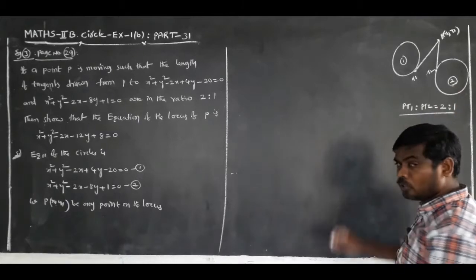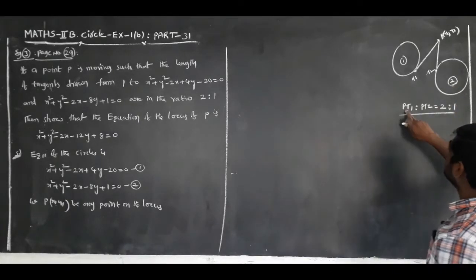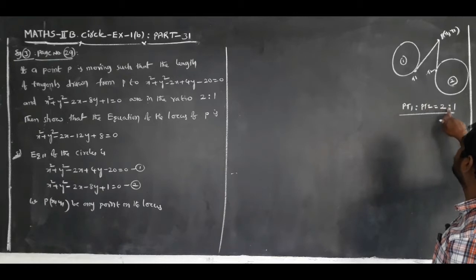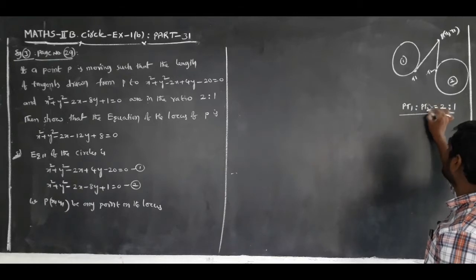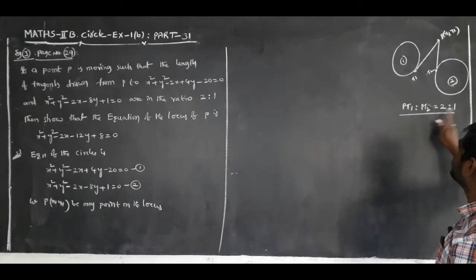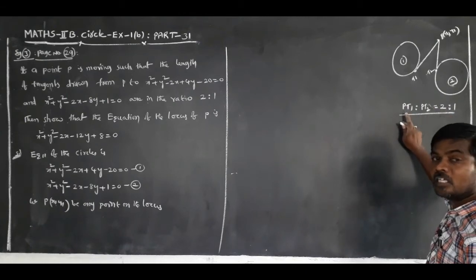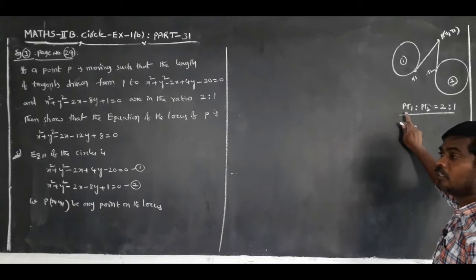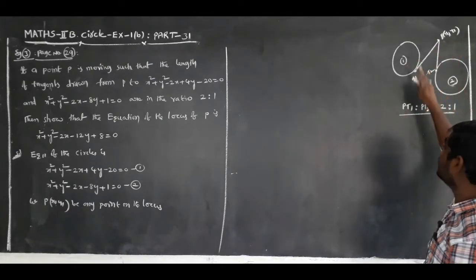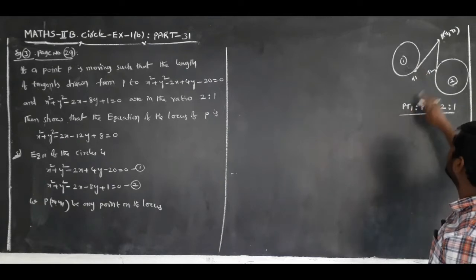2:1. Here given that PT1 is to PT2 is equal to 2:1. PT1 means the length of the tangent drawn from P to the first circle.